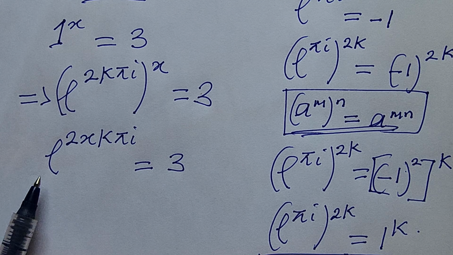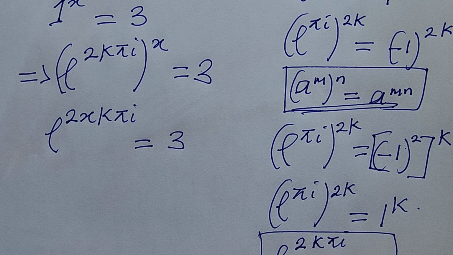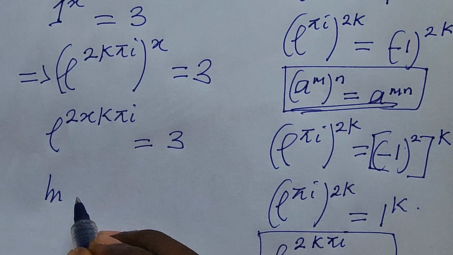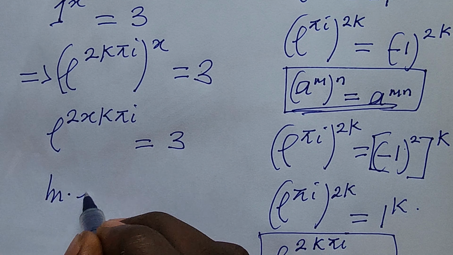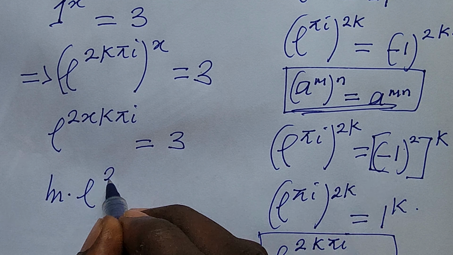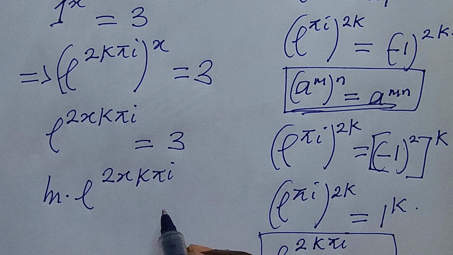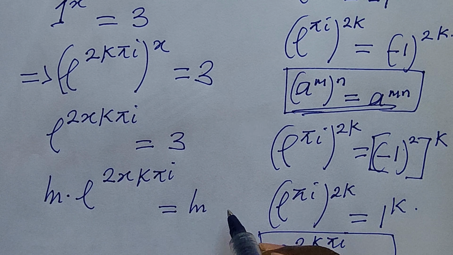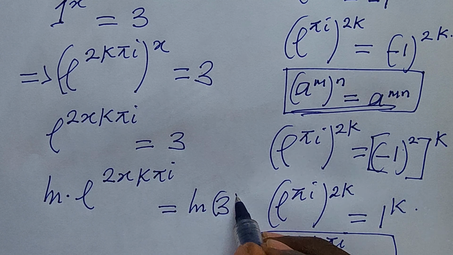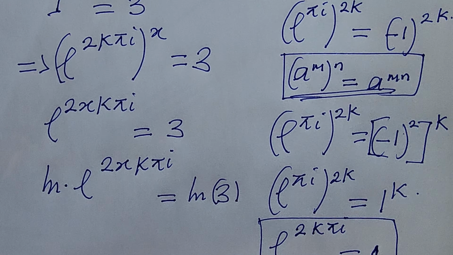So we bring in ln of e to the power of 2xk pi i equals the ln of 3. Let's put this in bracket first.